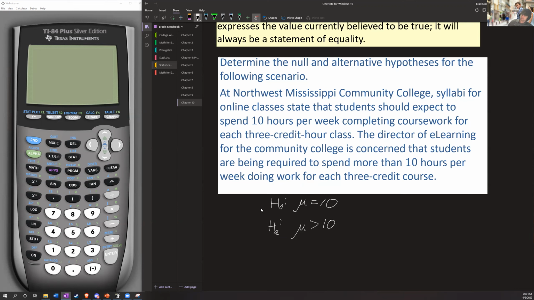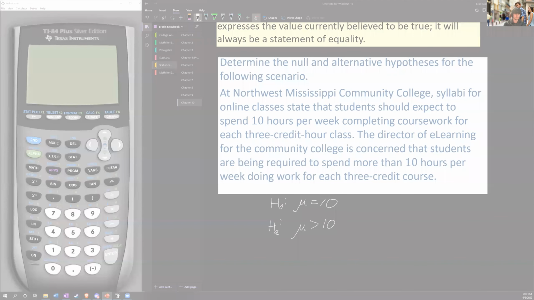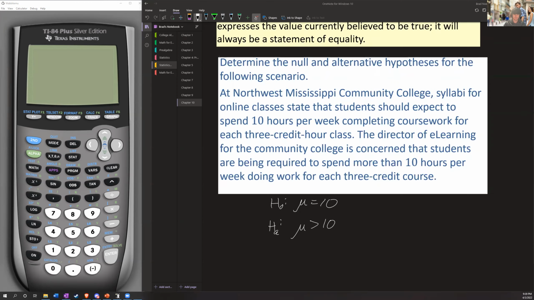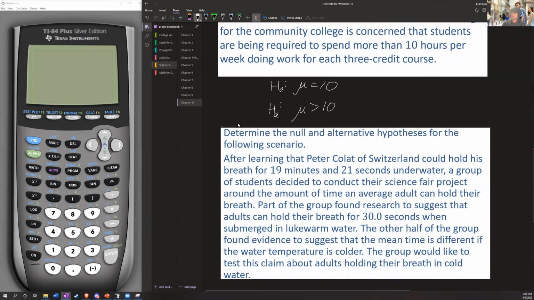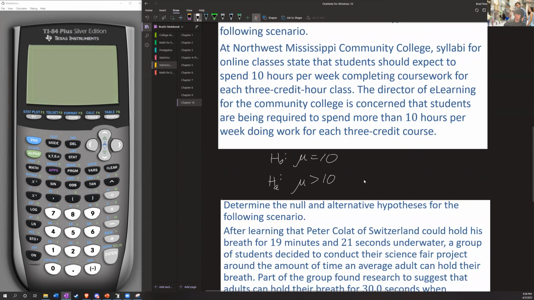So my null hypothesis, which I'm going to determine whether or not this hypothesis is false, is that mu equals 10, and this is mu is greater than 10. Okay, let's do another one. Incidentally, if you have mu is greater than 10, this would be a right-tailed test when we do that, but we'll see what that looks like in a bit.